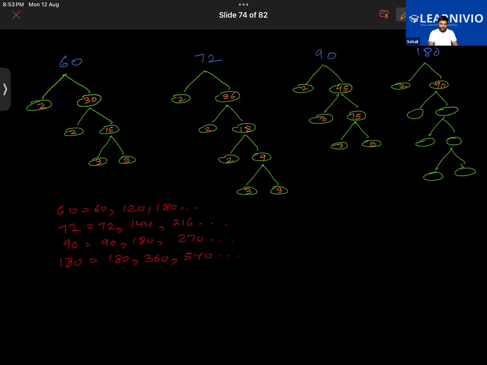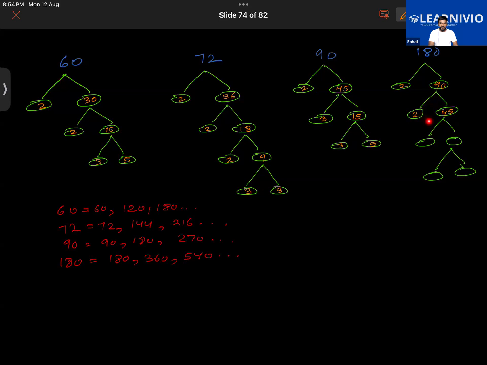For 90, you can do 9 tens also, or 3 thirties, we can take that. Or how about we again use the number 2? 2 forty-fives are 90. I'm using 2 again and again because the number is divisible by 2.